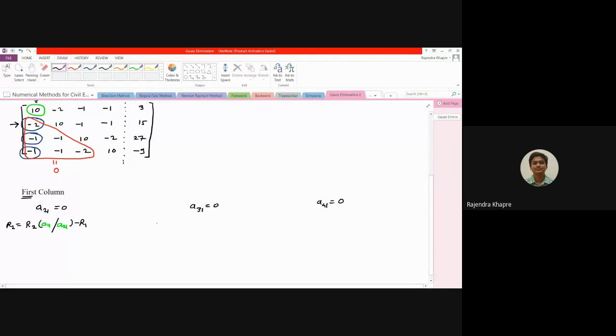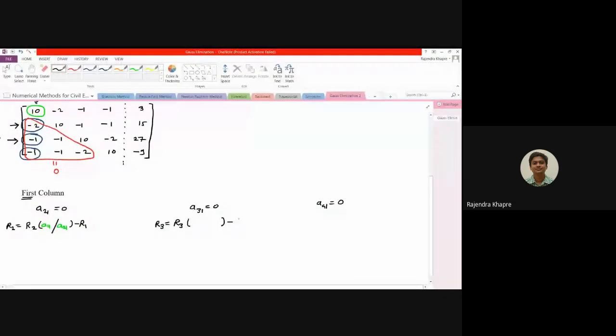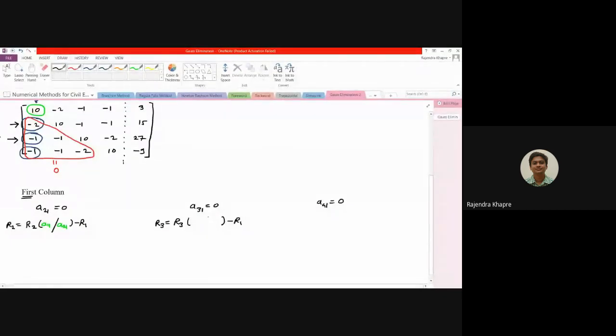If you want to operate row 3, I just have to go for the operation row 3 multiplied by some factor minus r1. Since you are operating the first column, the diagonal element of the first column has to be written in the numerator, and the element you have to eliminate has to be written in the denominator.